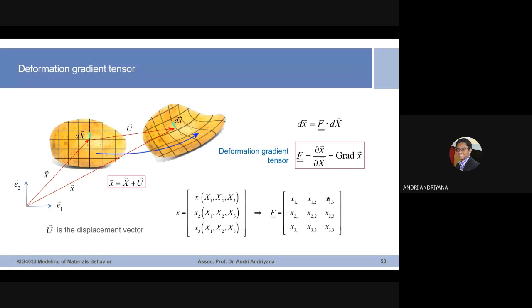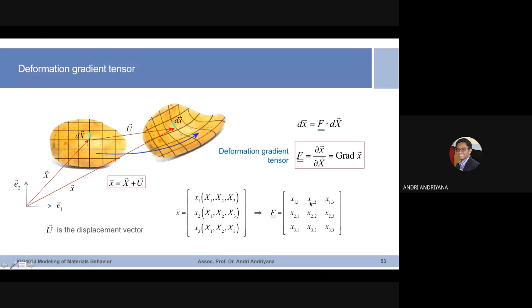Okay, so it is a 3 by 3 matrix. This is the notation given: x1,1, x1,2, x1,3, and so on and so forth. Which means that for x1,1, you need to look at the component small x1 and differentiate it with respect to large X1.